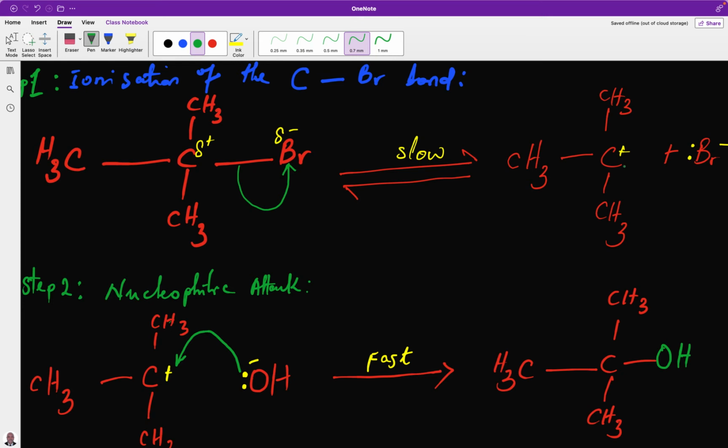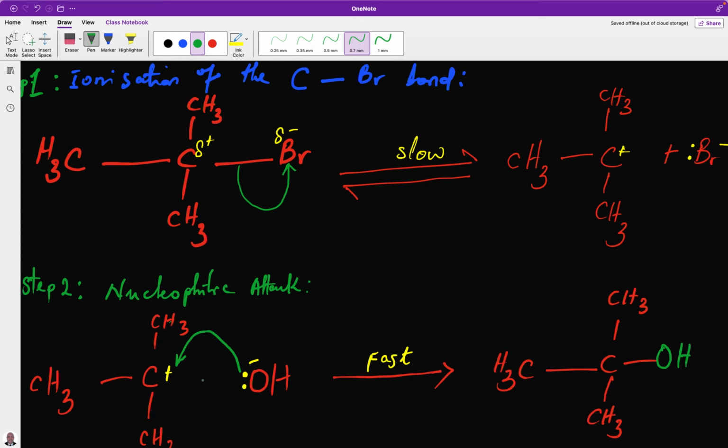And because it is reactive, any nucleophile around it will be attracted to it. Now, the nucleophile here, which is the hydroxide, attacks the positive carbon. As the OH is attracted towards the positive carbon, it donates this pair of electrons to this positive carbon.